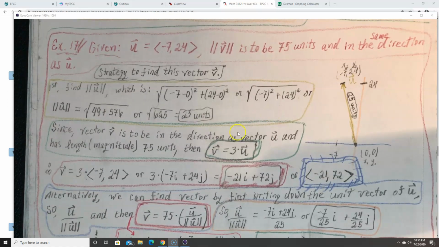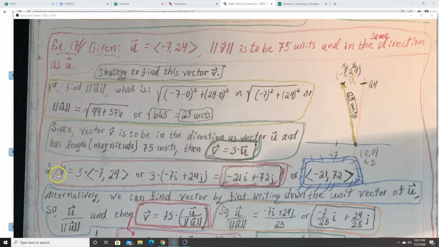Therefore, since vector v is to be in the same direction as vector u, and has length or magnitude 75 units, then the new vector v is 3 times the original vector. So this is one way to get the answer.